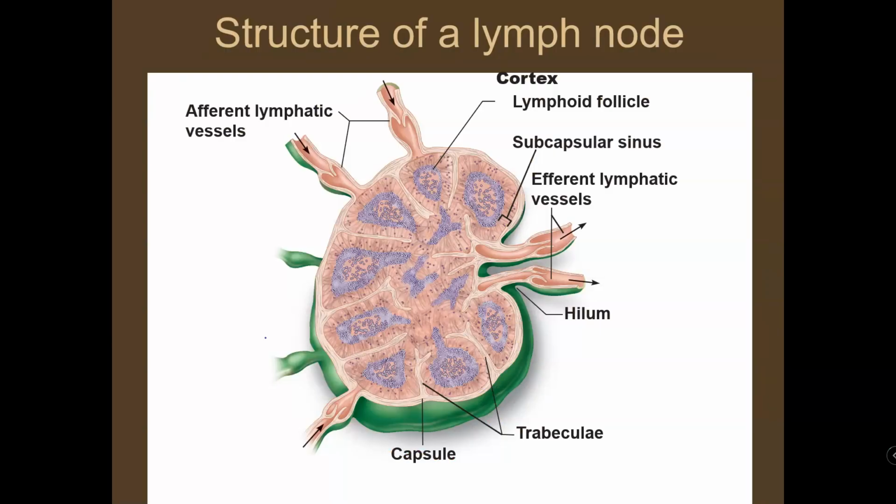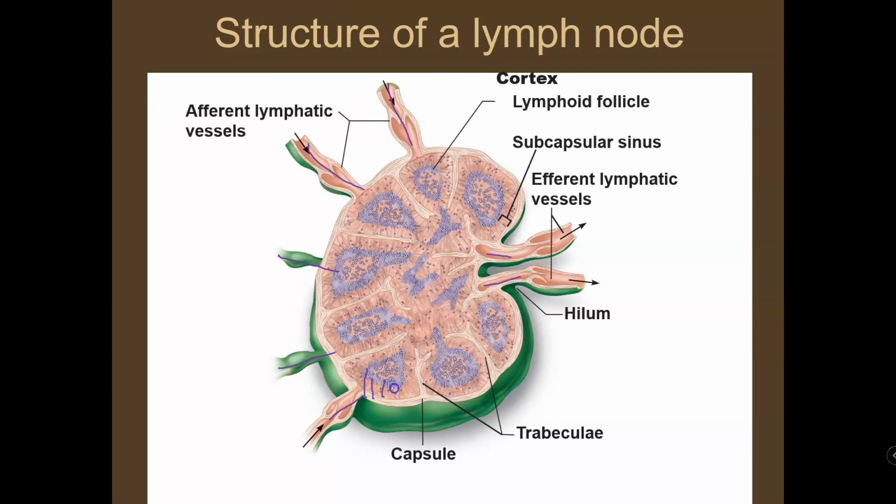This is your anatomy of a lymph node. What I want you to primarily notice is we have more vessels bringing lymph into a lymph node than we have taking lymph out. That is going to make lymph move slowly through the lymph node so that we have enough time to process all of the lymph as it moves through. So basically, a bunch of lymph is trying to come in here, but because we only have this little bit coming out, we get this backlog and it has to slow down.